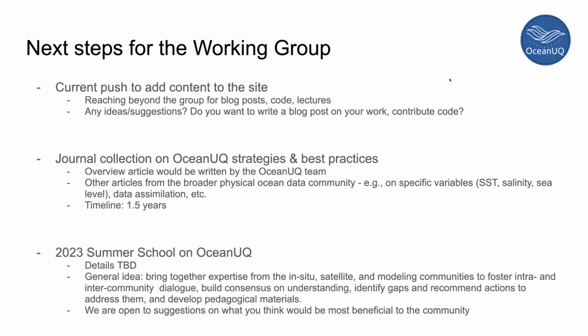Yes, I would say yes. We are in conversation with the data science working group of US CLIVAR, and there is discussion on using probabilistic machine learning methods for uncertainty quantification.